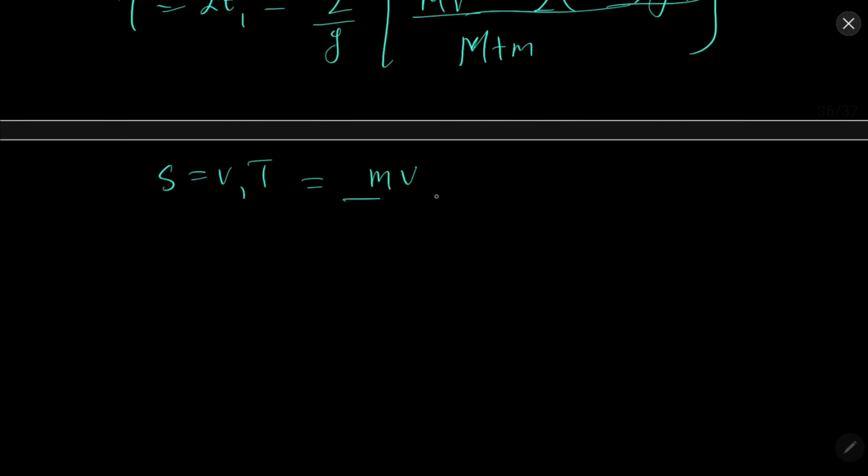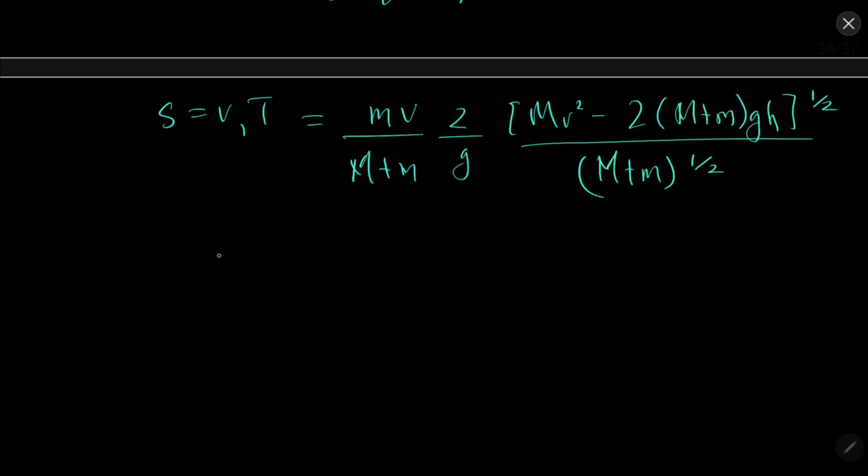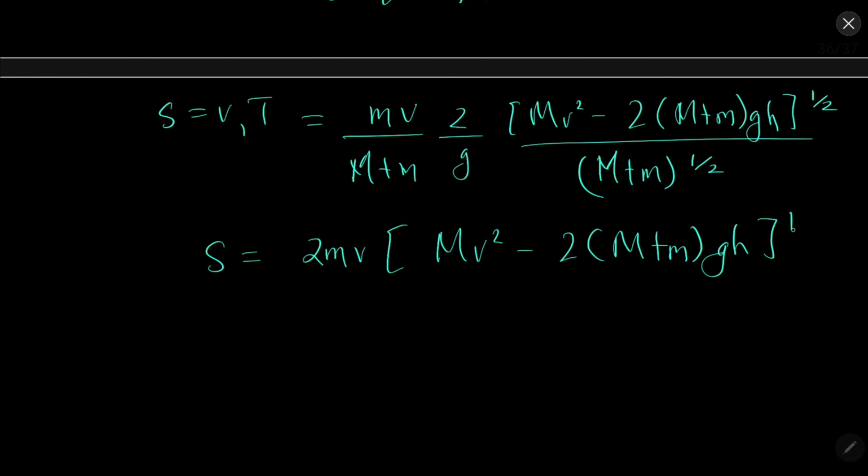It will be mv over (m plus m) times 2 over g times (mv squared minus 2(m plus m)gh) to the power 1 by 2 over (m plus m) to the power 1 by 2. So displacement is 2mv times (mv squared minus 2(m plus m)gh) to the power 1 by 2 over g times (m plus m) to the power 3 by 2.